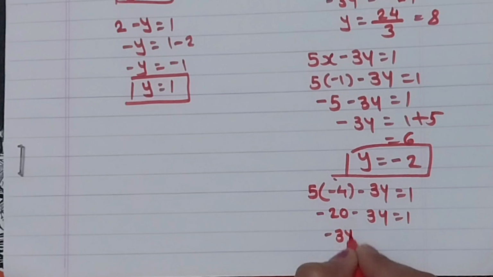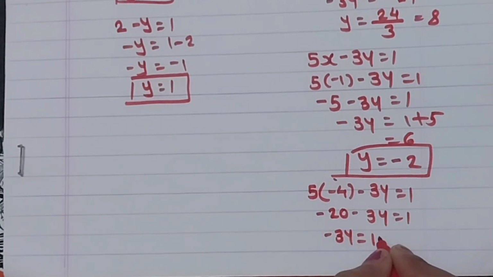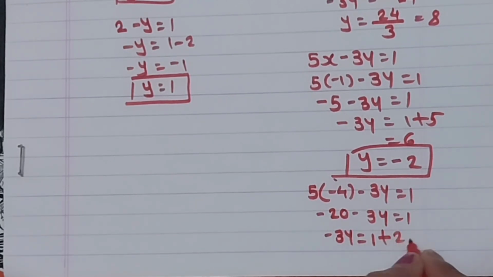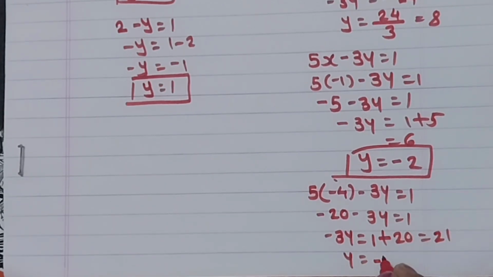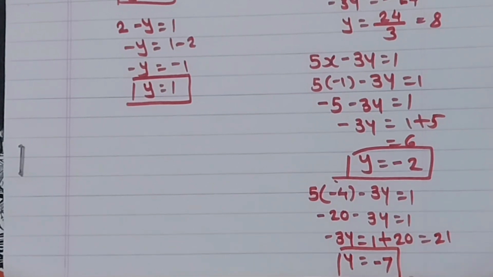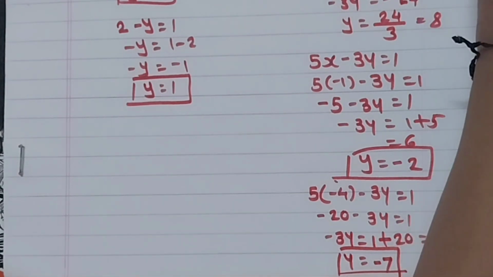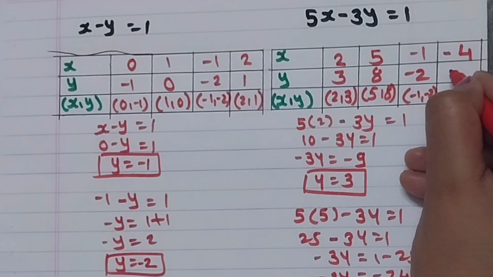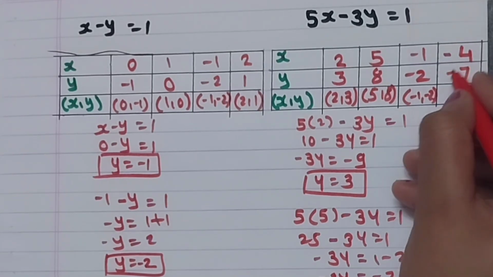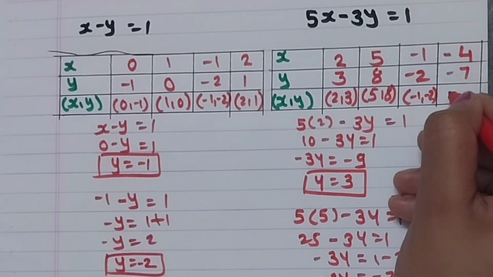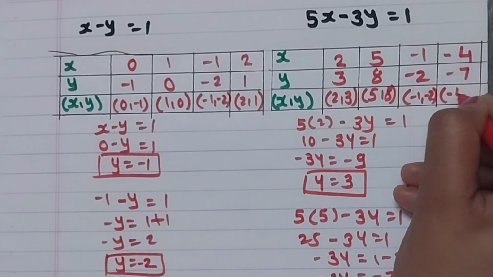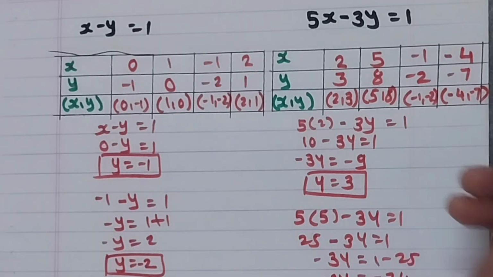So minus 3y is equal to 1 plus 20, which is equal to 21. So y is equal to minus 7. 7 times 3 is 21. So we write here, when x is minus 4, y is minus 7. So the ordered pair is minus 4 comma minus 7.